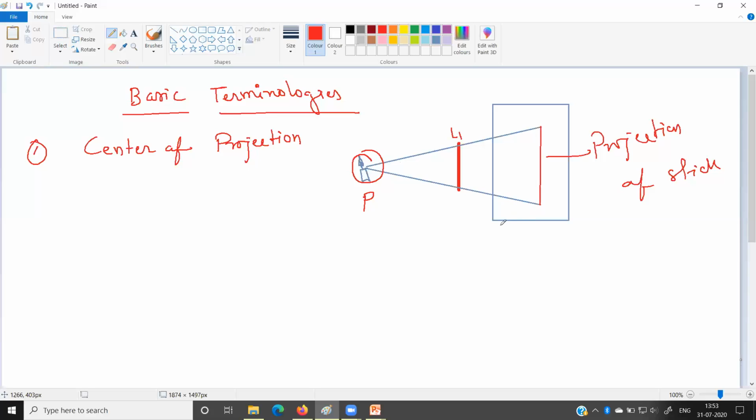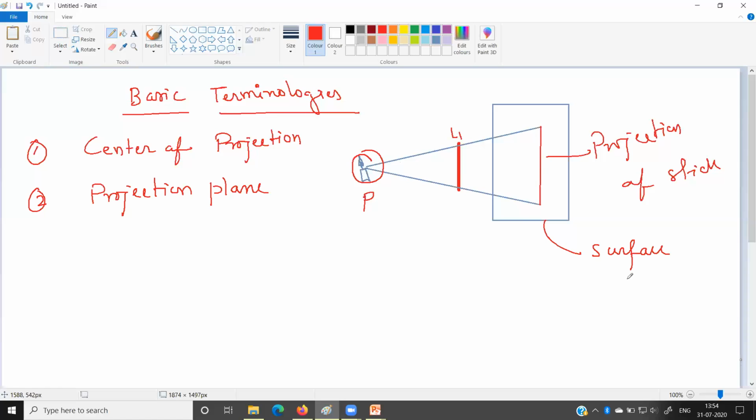So we are taking the projection from this point P, and this projection is created on the screen. Fine. Now there is another important term, which is called the projection plane. In this example, you can see the projection of this stick is formed on a curtain or on a surface.